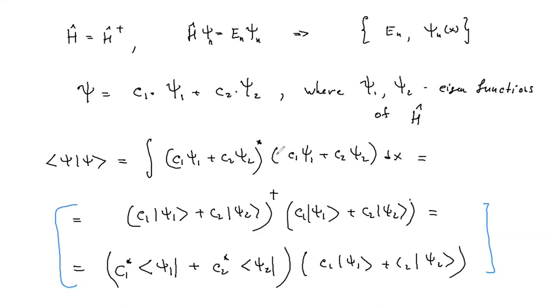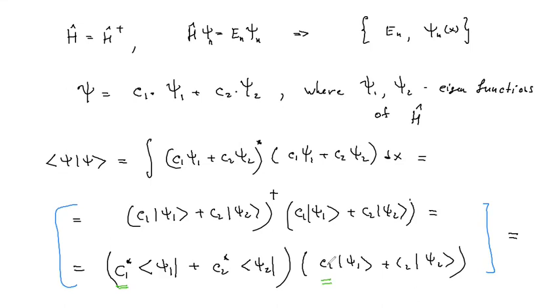Let's work out each term. What will be C1 and C1? What kind of contribution I'm gonna get from this? C1 absolute value square, yes?